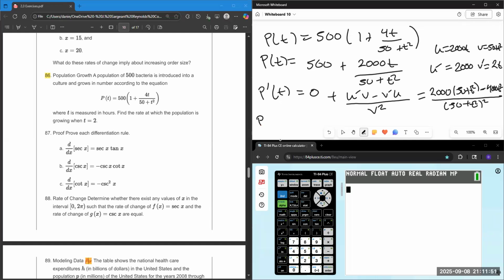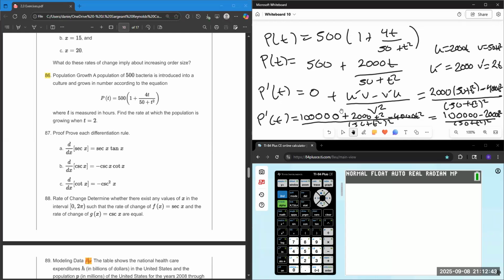P prime of t is equal to 100,000 plus 2000t squared minus 4000t squared over 50 plus t squared squared, which is 100,000 minus 2000t squared over 50 plus t squared quantity squared.